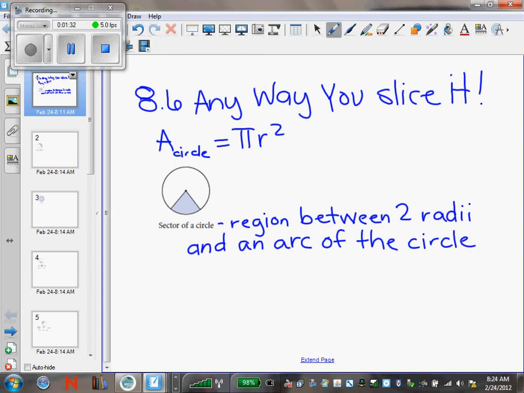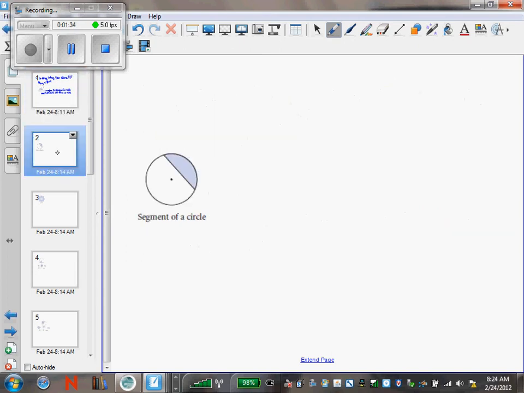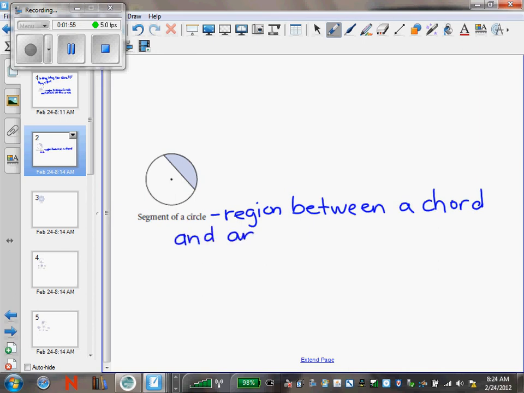The next definition you're going to have to know for this section is a segment of a circle. Here's a picture of it. The definition is the region between a chord and an arc of a circle.